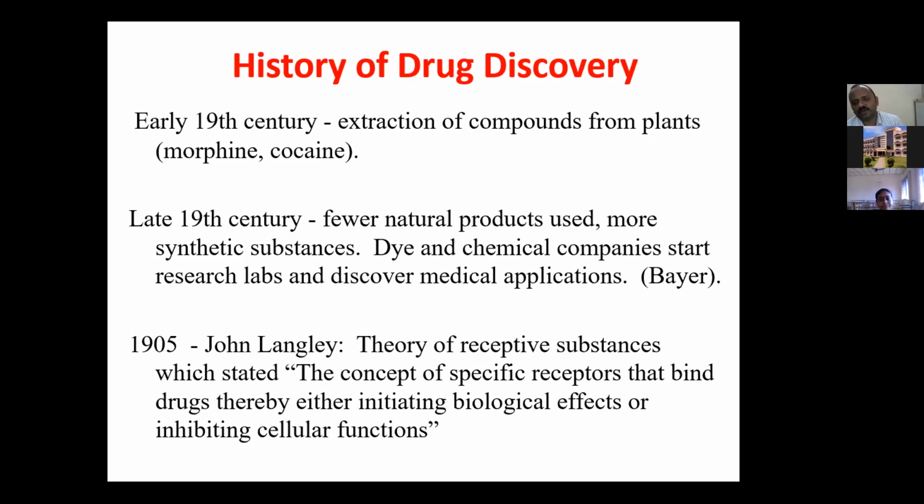If you go back to the history of drug discovery over a period of time, in the early 19th century, that means two centuries back, it was more often natural products which were there in the market, for example, morphine and cocaine. As time proceeded, in the late 19th century, there was a drastic change.